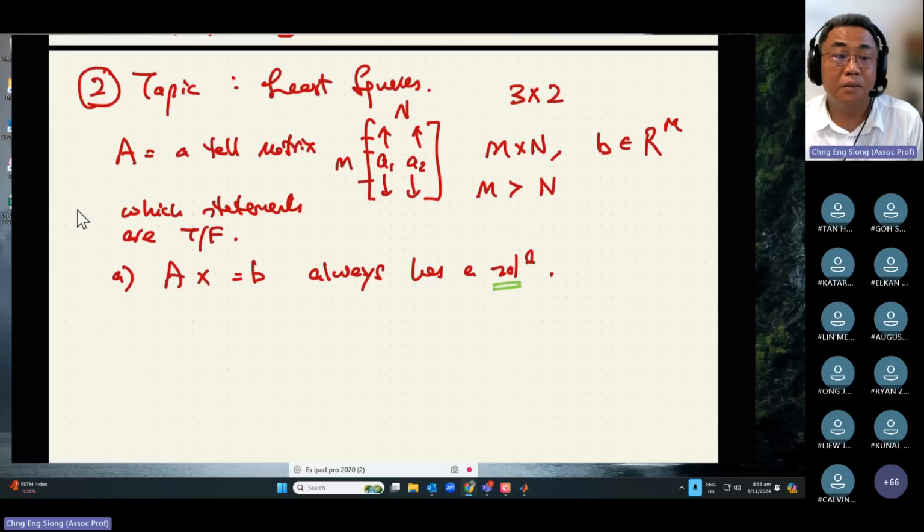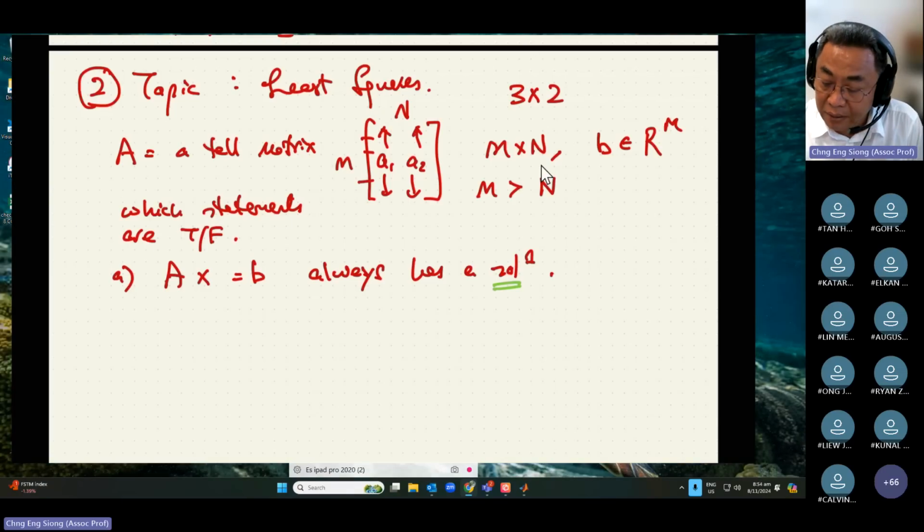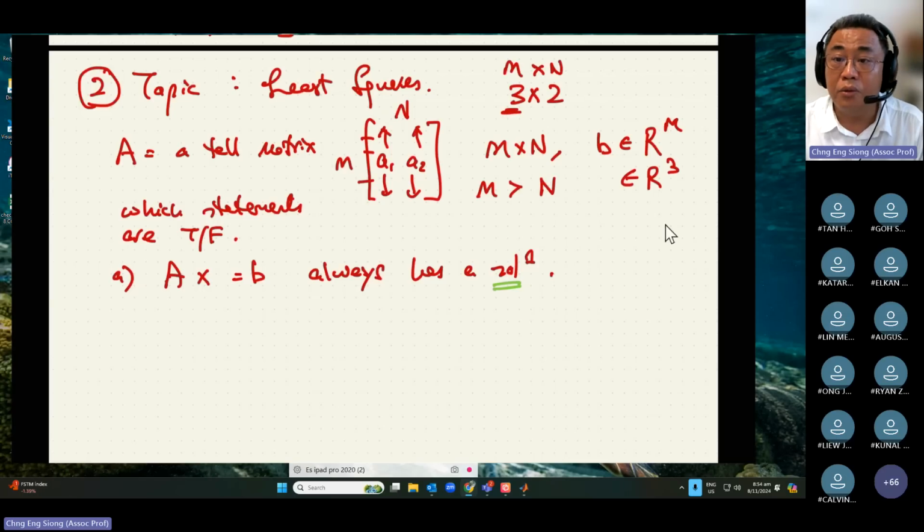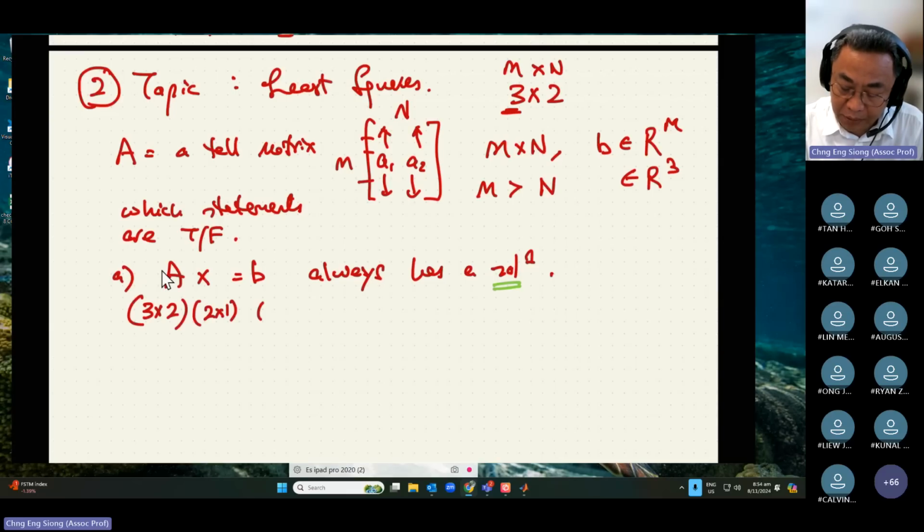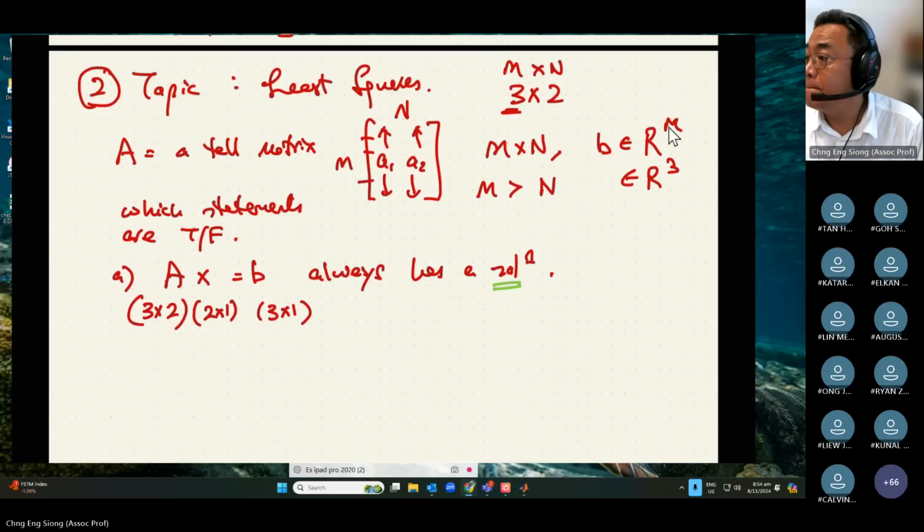For example, B is now R^3 in this example. A is 3 by 2, X is 2 by 1, B must be 3 by 1. So it's R^M.